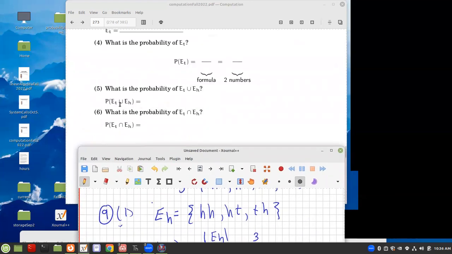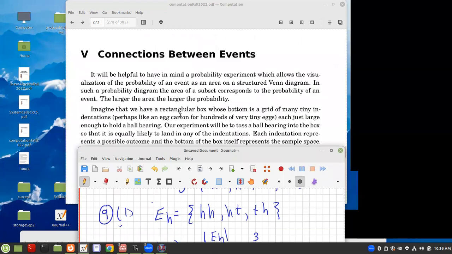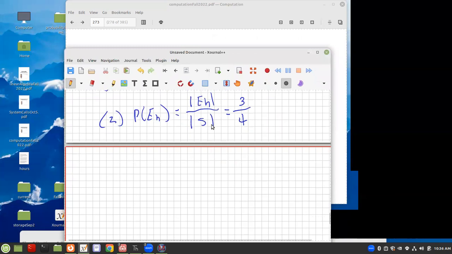And then there are some probabilities here of these different sets, the unions and the intersections. This is the basic stuff with probability, just the stuff we've gone over.